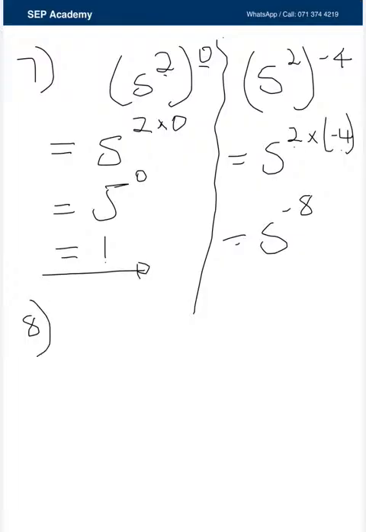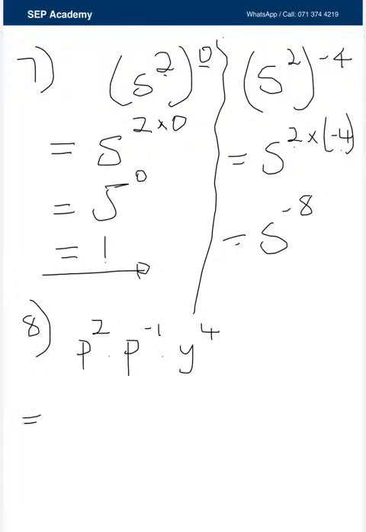Maybe example number 8. Let me think of something. Okay, let's say you have p to the exponent of 2, multiplying p to the exponent of negative 1, multiplying y to the exponent of 4.